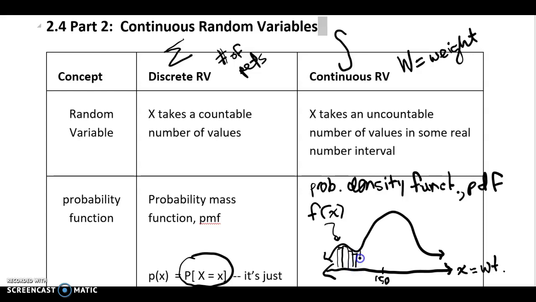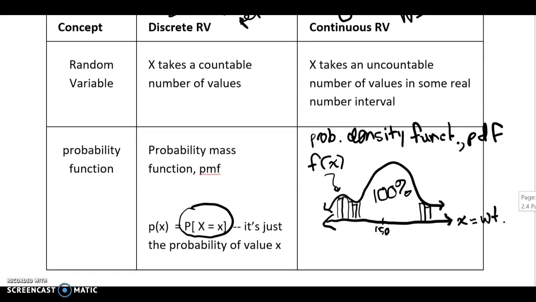Everybody's stacked up under there, and underneath that is 100% of everyone. You're in there somewhere, right? Okay, so that curve, f of x, the PDF, is just showing you the shape of how these things stack up. But f of x on its own is not the probability of exactly a value x.